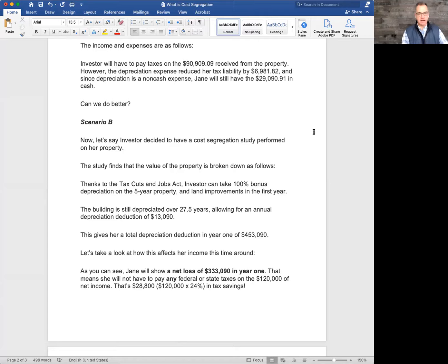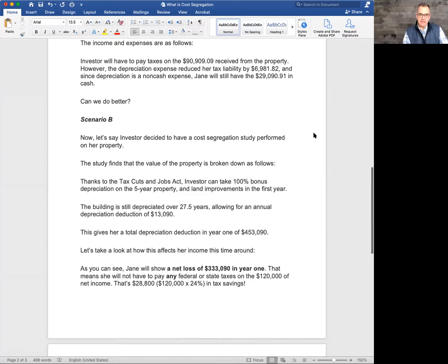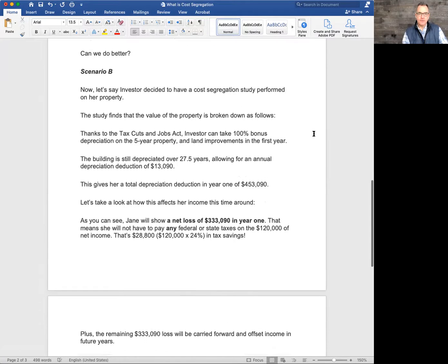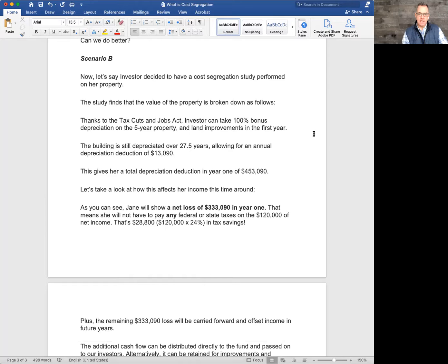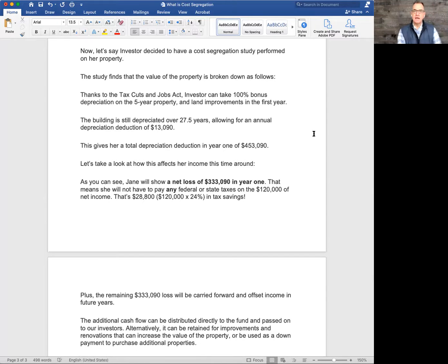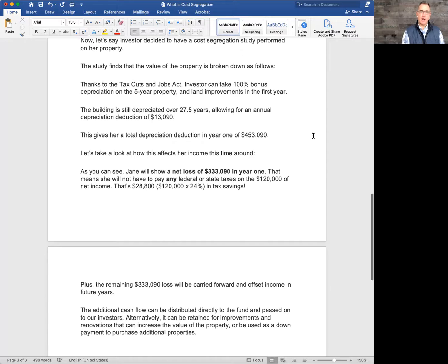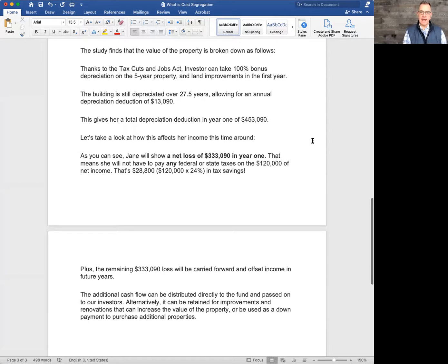Yeah. So watch. Cost segregation really is pouring gasoline on this IRS strategy. So let's say the investor, us, you, together, we use our team for cost segregation, and we get the study performed. The study finds that the value of the property is broken down as follows: 100% bonus depreciation on 5 years. That's 5 years of write-off on fixtures and fittings, like we've discussed. The building is still depreciated on top of that over 27.5 years.